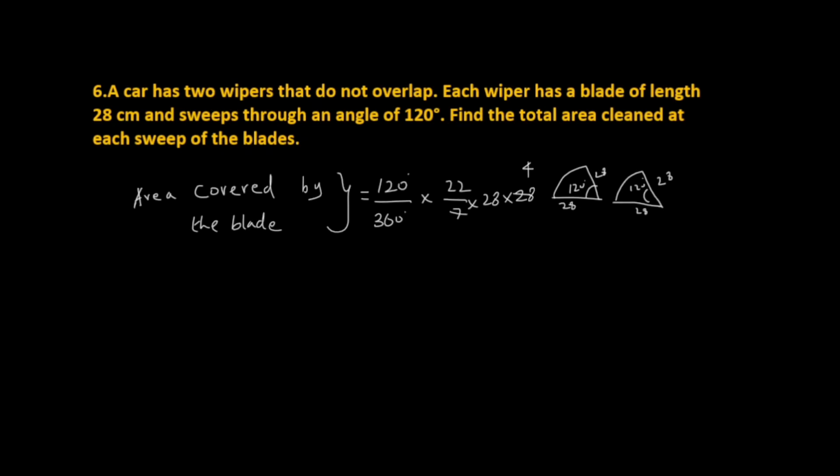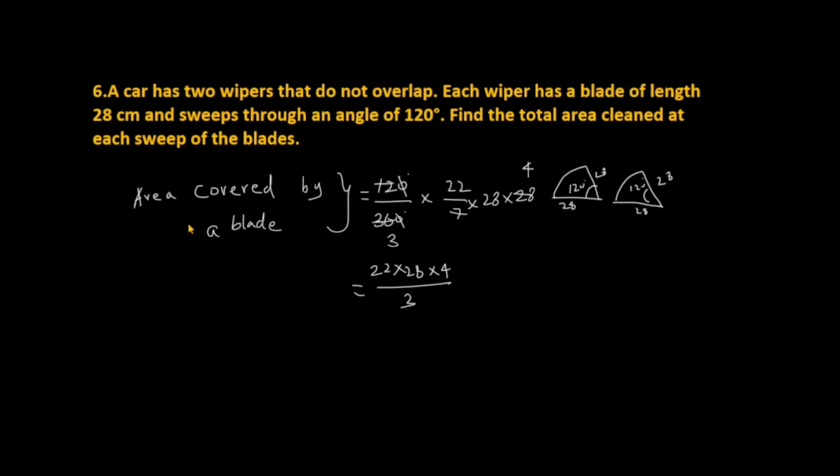So this is 4 times, this will cancel, 12 3s are 36, then we need to multiply 22 into 28 into 4 divided by 3. Area covered by a blade. 2 blades are there. One blade sweeps the area, this one.